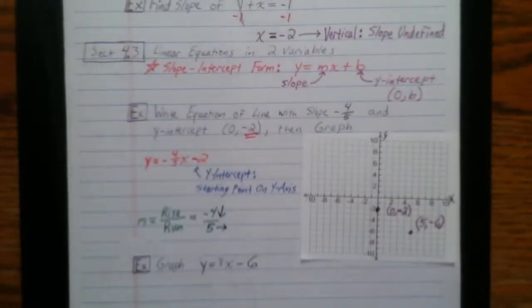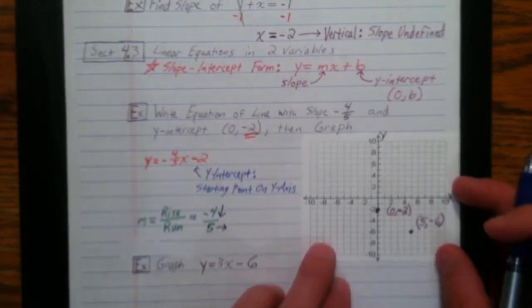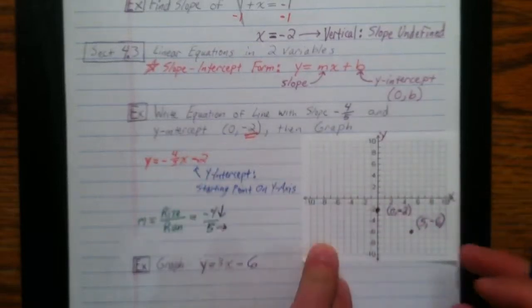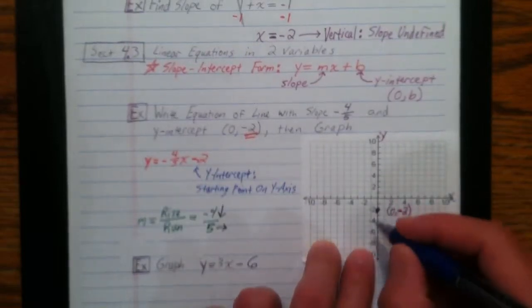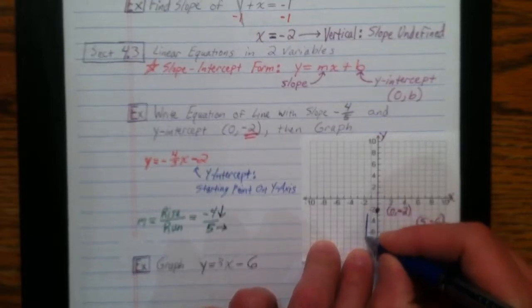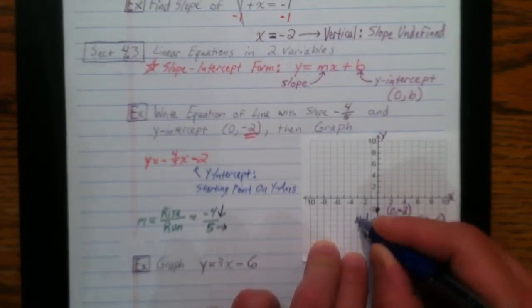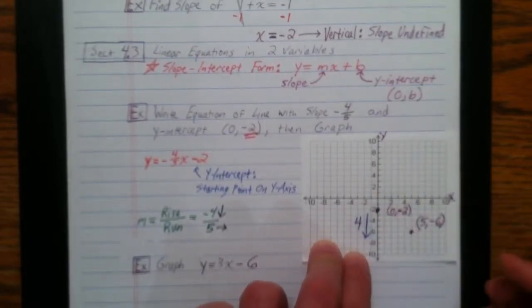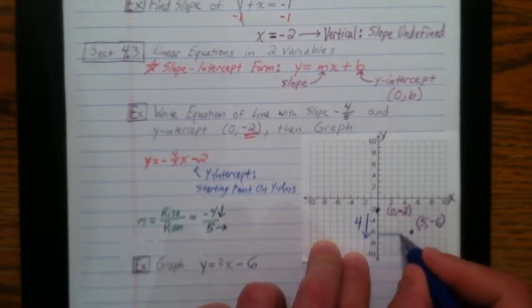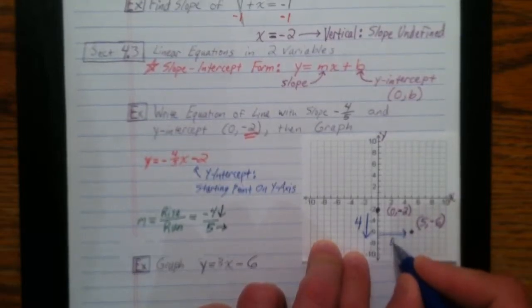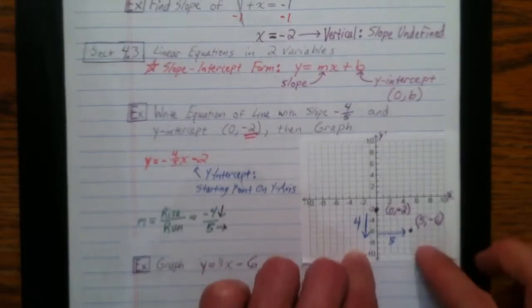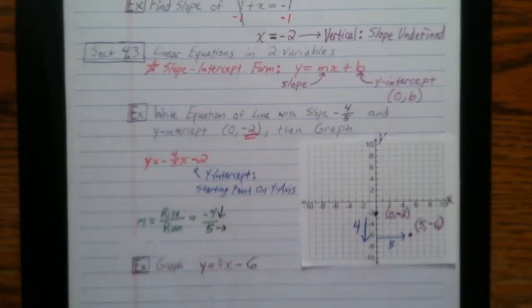And now once we have 2 points, we can draw a line through them, and that's going to be the line representing the equation y equals negative 4/5 x minus 2. So let me draw this in, though, to remind us of our movement. We move down 4 and to the right 5. Our actual line, though, is going to be the line that crosses those 2 points.